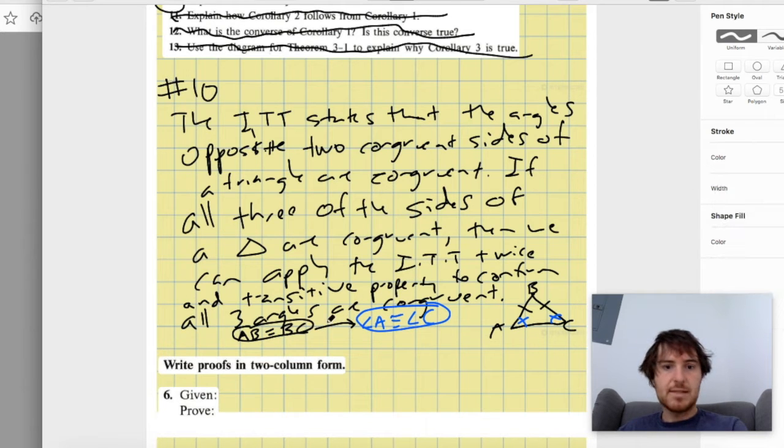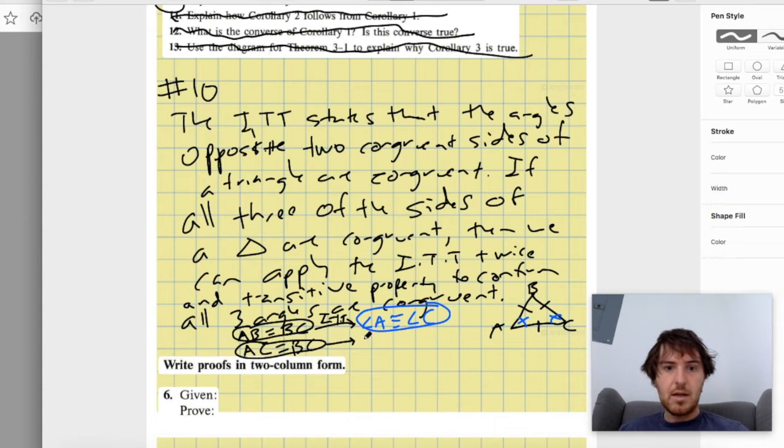So we apply that once. But if it were also given to me that side AC is equal to BC and equal to BA, that's the definition of an equilateral triangle. All three sides have the same length, right? So at this point, I could say that length AC would equal length BC, and therefore I can apply the ITT to justify, right?